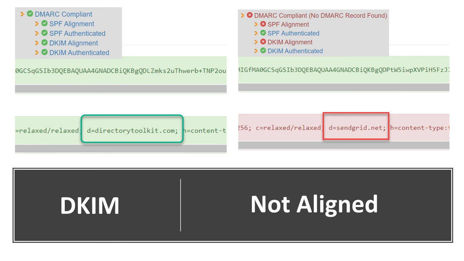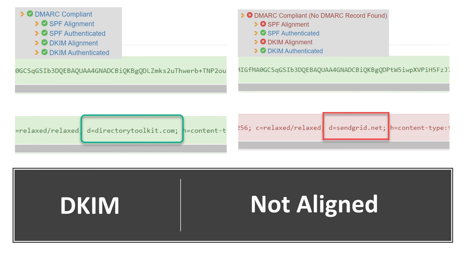I'm sorry, from their domain. So it's an authenticated DKIM because the public and private keys are on your DNS and those match. It's SPF authenticated because it's sending from a proper IP address, and you have that SendGrid all in your SPF record.